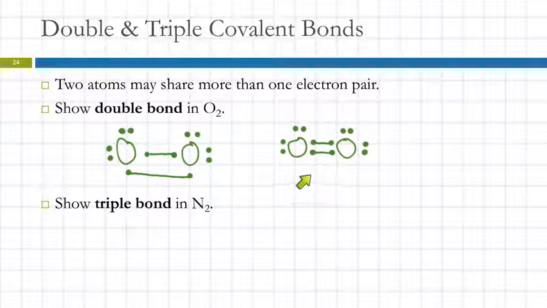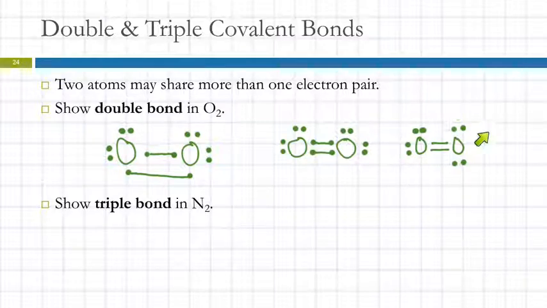So normally, we wouldn't draw the dots with the lines between them. Normally, we would do it this way. We would have oxygen, and we just do 2 lines, and then put the lone pairs around. And it doesn't matter where you put the lone pairs. Just top, bottom, right, or left.